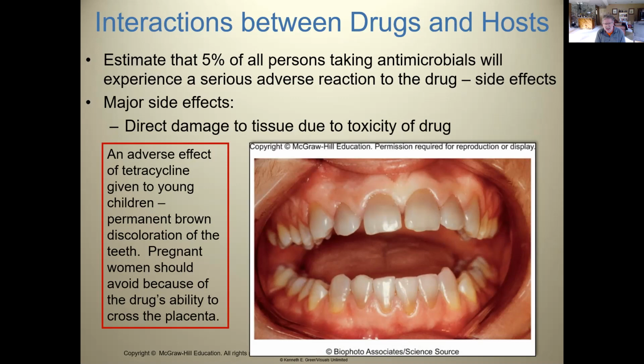But as I mentioned in the red box, you would not want to give someone who's pregnant tetracycline, because this is an example of an antibiotic that can cross the placental barrier, and the tetracycline can actually cause harm to the developing fetus's teeth and bones. So one always has to be conscious of toxicity impacts, and different antibiotics have increased risk on different organs in the body. Make sure you look that over.